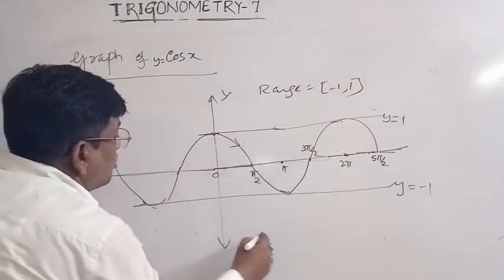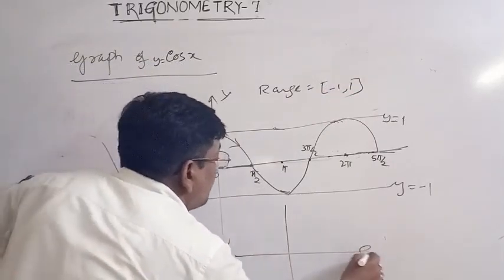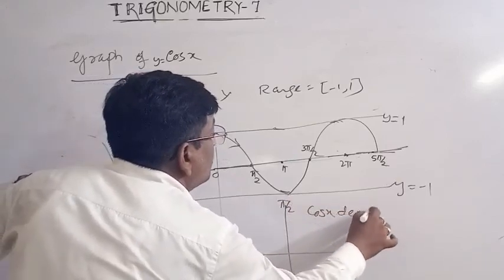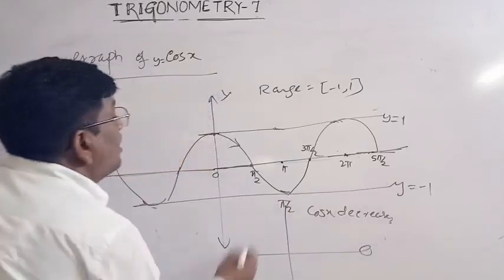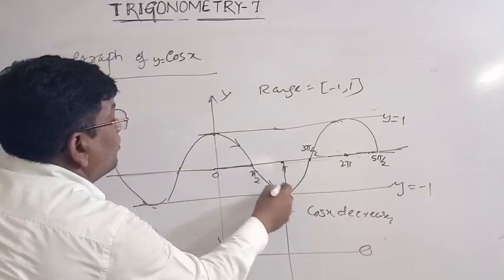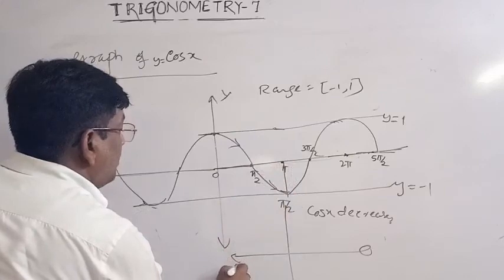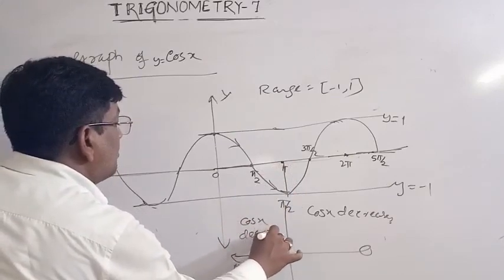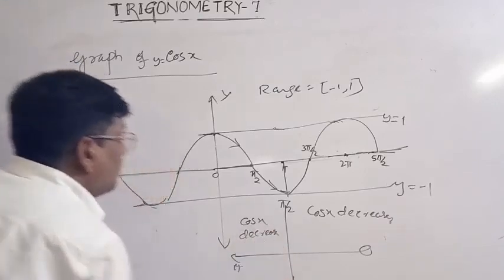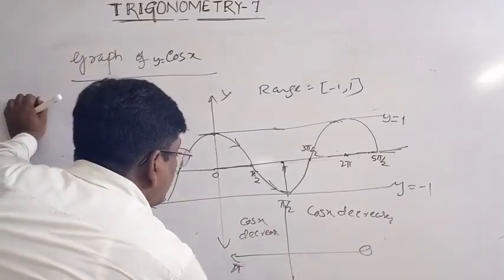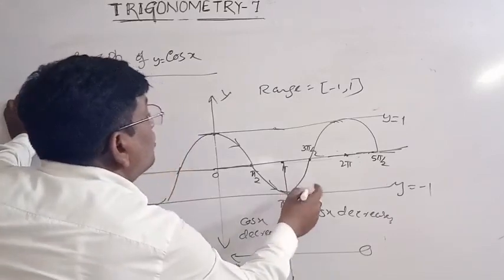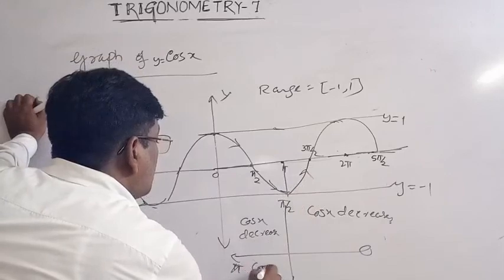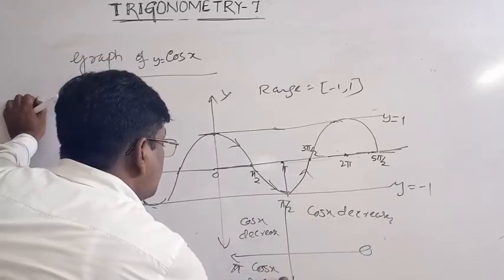From 0 to pi by 2 the graph comes down, so cos x decreases. From pi by 2 to pi, cos x again decreases. From pi to 3 pi by 2 the graph goes upward, so cos x increases.